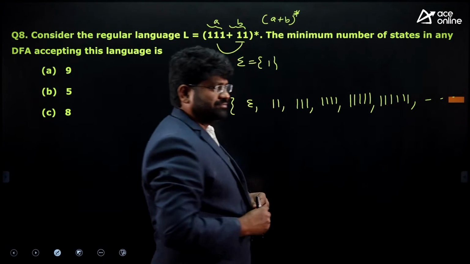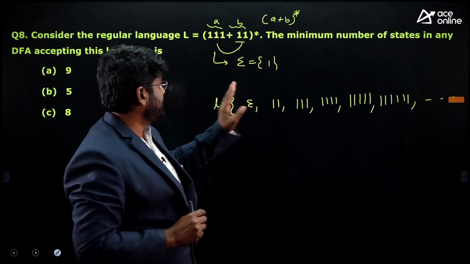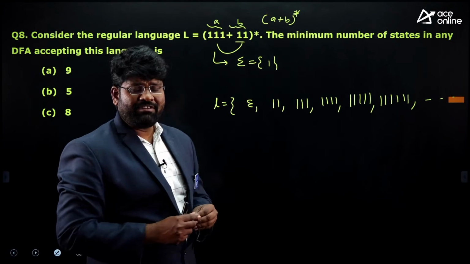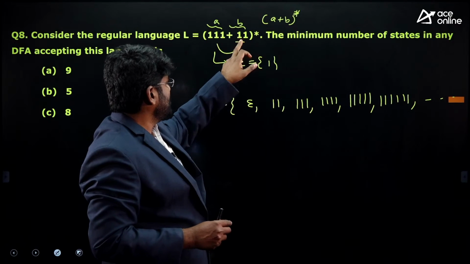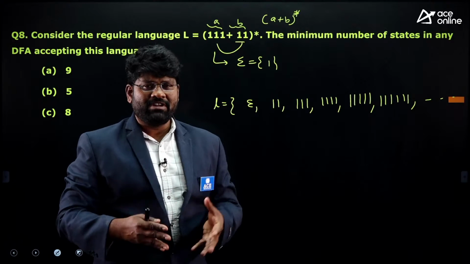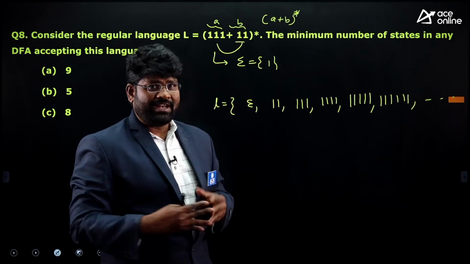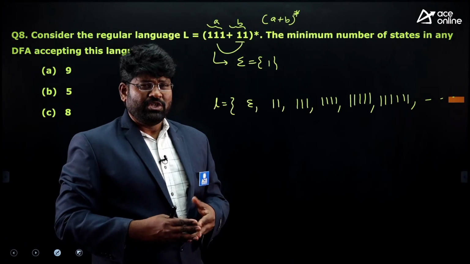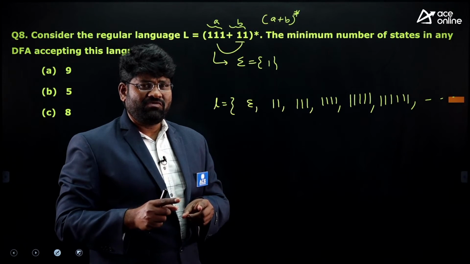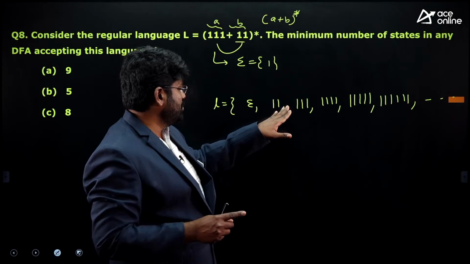Will you get 7 ones? Yes, you can. How can you have 7 ones? You take b 2 times and a 1 time, and 7 ones will come. Can you get 8 ones? Obviously you can. 9 ones, 10 ones. You will generate any number of ones from 2 ones onwards.